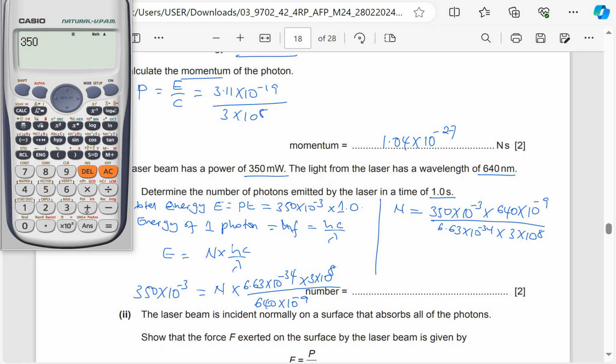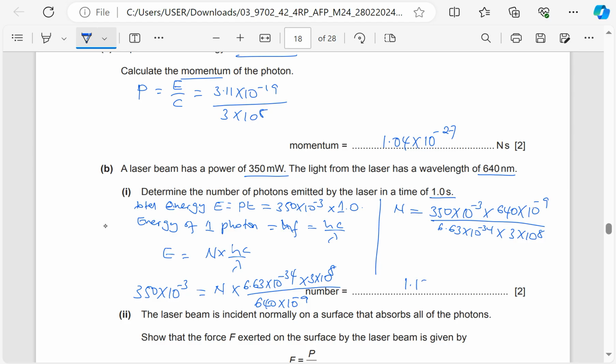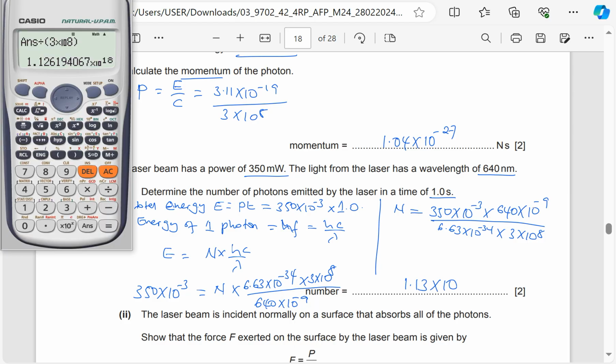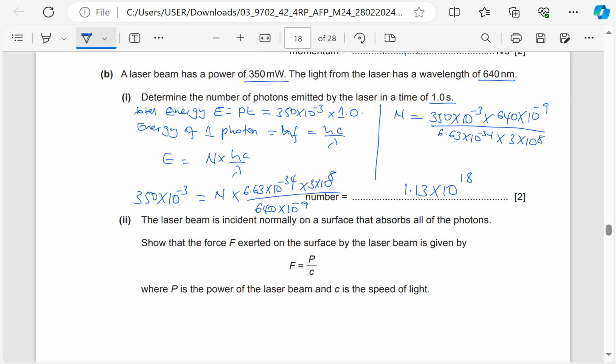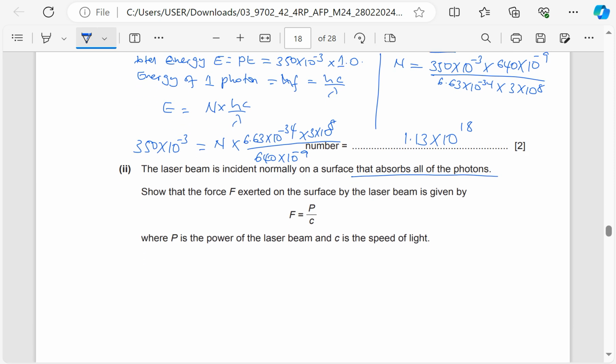So 350 exponent minus 3, 640 exponent minus 9, first divide by 6.63 exponent minus 34, divide by 3 exponent 8. That is 1.13 times 10 to the power of 18. That is the number.